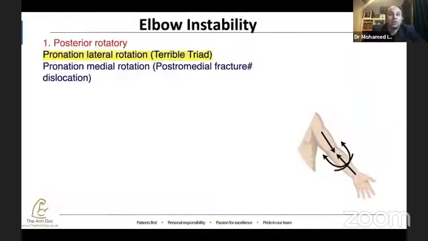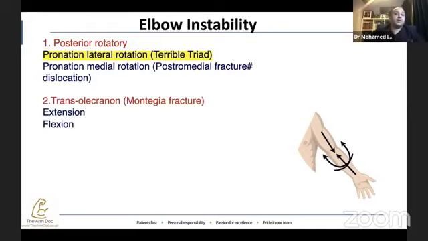So in order to understand elbow instability, now that we have an idea about the column structures and the soft and bony structures, what are the types of elbow instability? Generally speaking, it was nicely presented yesterday, but we can classify it in a different way. Posterior rotatory, in which there is pronation and rotation from lateral to medial, which is the terrible triad, or on the other side, the posteromedial instability.